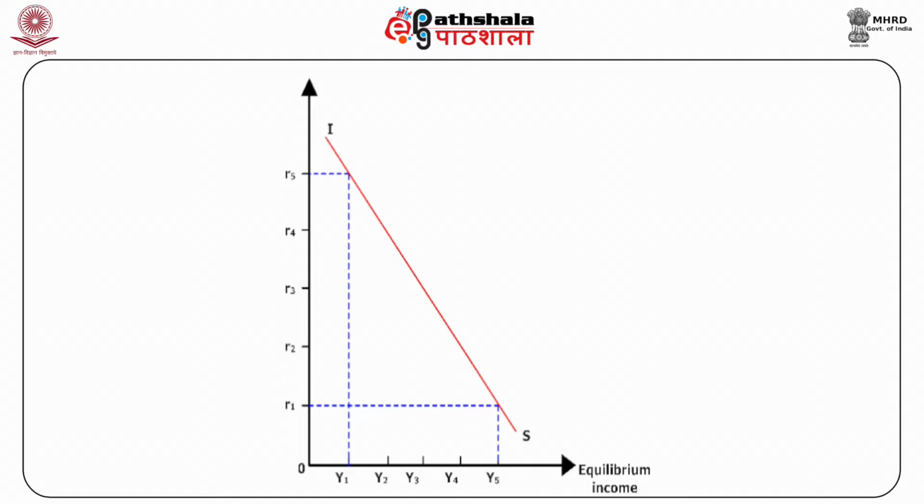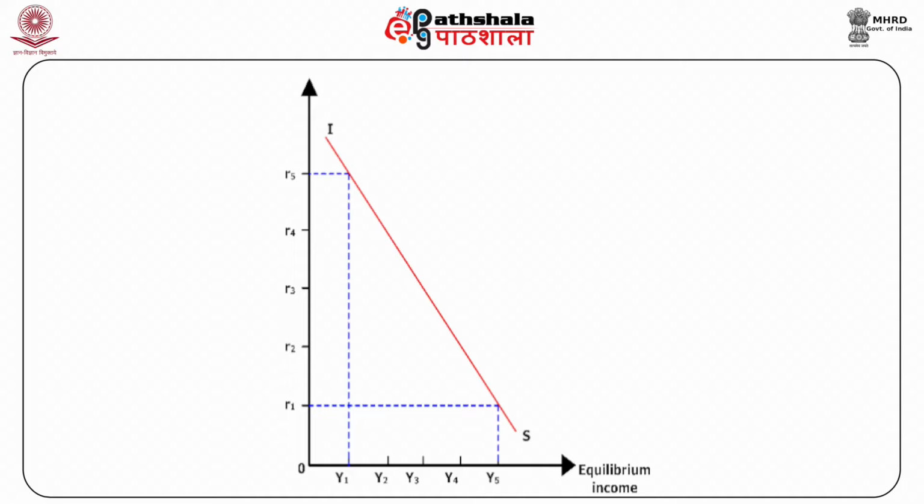Obviously, this has to be a low level of income, let us call it Y1. So, therefore, we realize our mistake. Our mistake is that we chose R5 as the rate of interest, and instead of choosing S1 Y1 as the savings function, we have wrongly chosen S5 Y5, which is a high level of income.